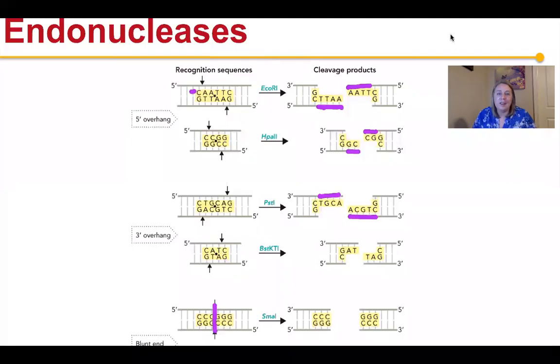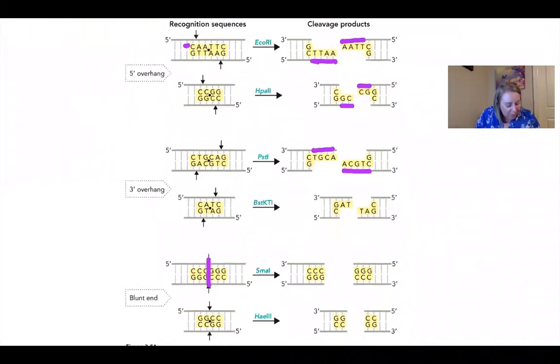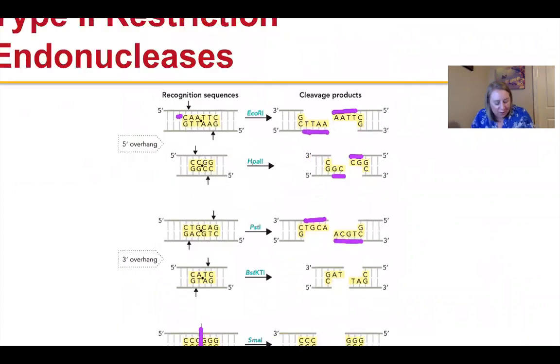What's interesting is how these restriction enzymes, these endonucleases, were named. They're named by the bacterial strain they were isolated from. For example, there's one called HindIII, which is isolated from Haemophilus influenzae. Haemophilus, H-I-N.